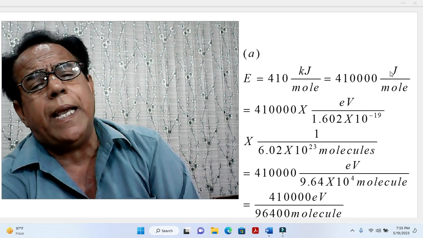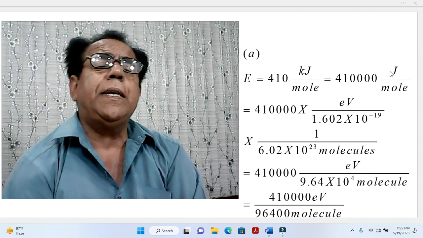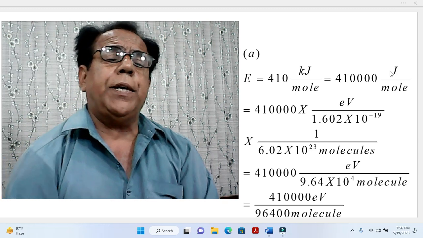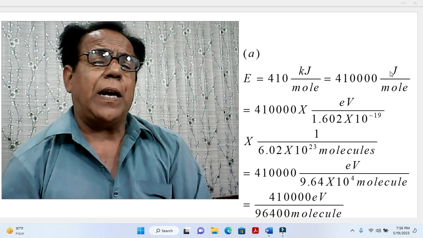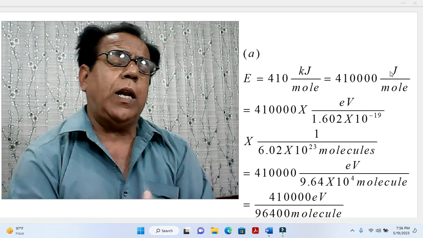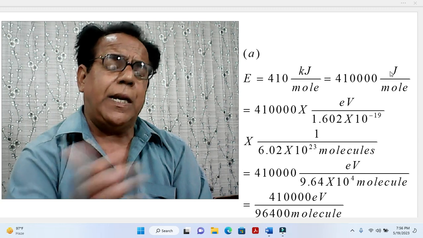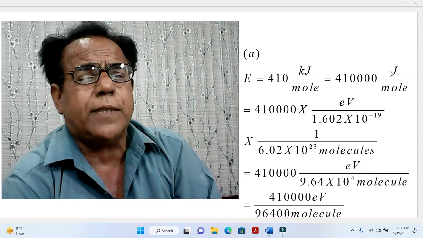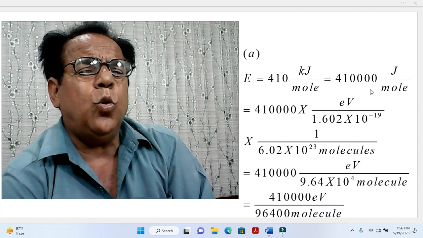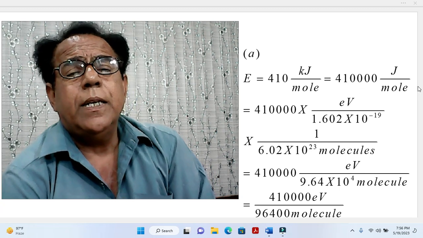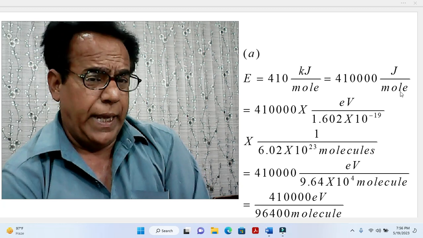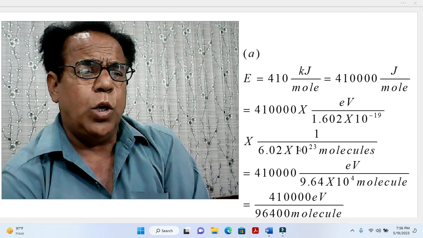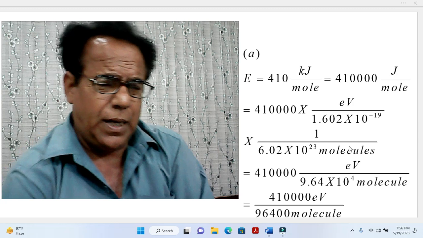From that expression we will calculate the value of 1 joule by shifting the other factor to the other side of the equality, where it will be divided. In place of joule we have used this, and in place of mole we have used this alternate expression.